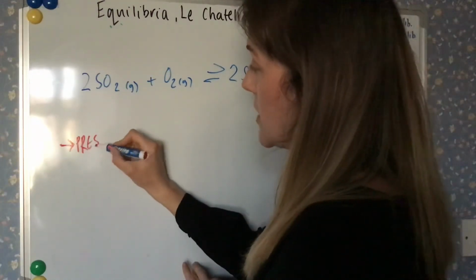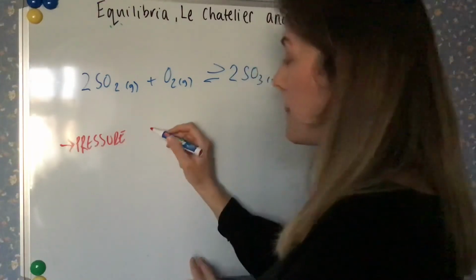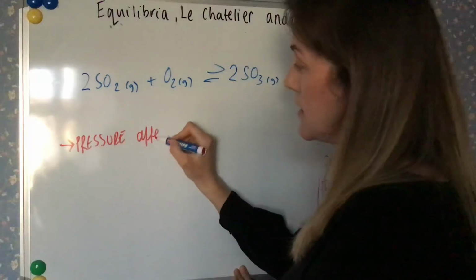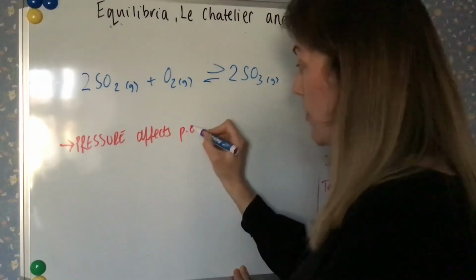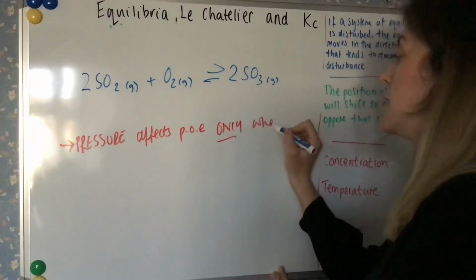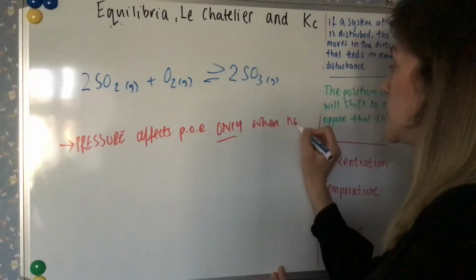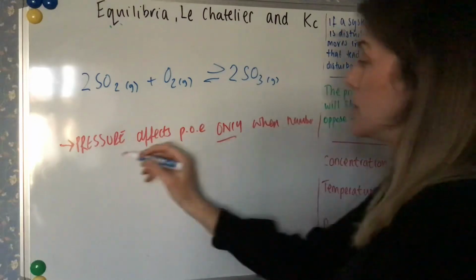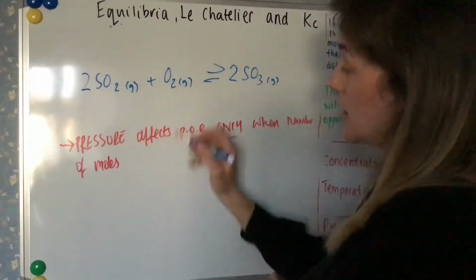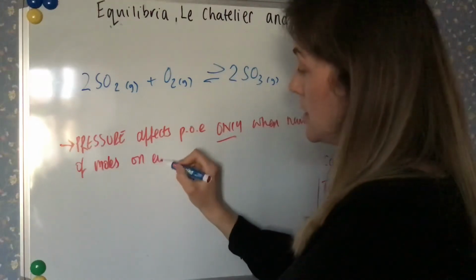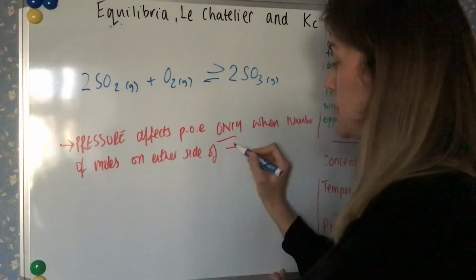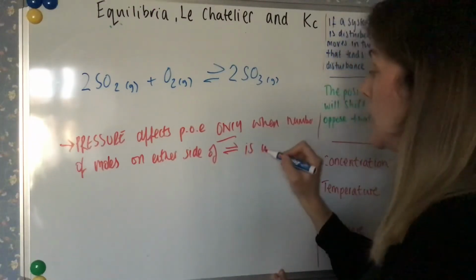Pressure affects position of equilibrium only when number of moles on either side is different, unequal.